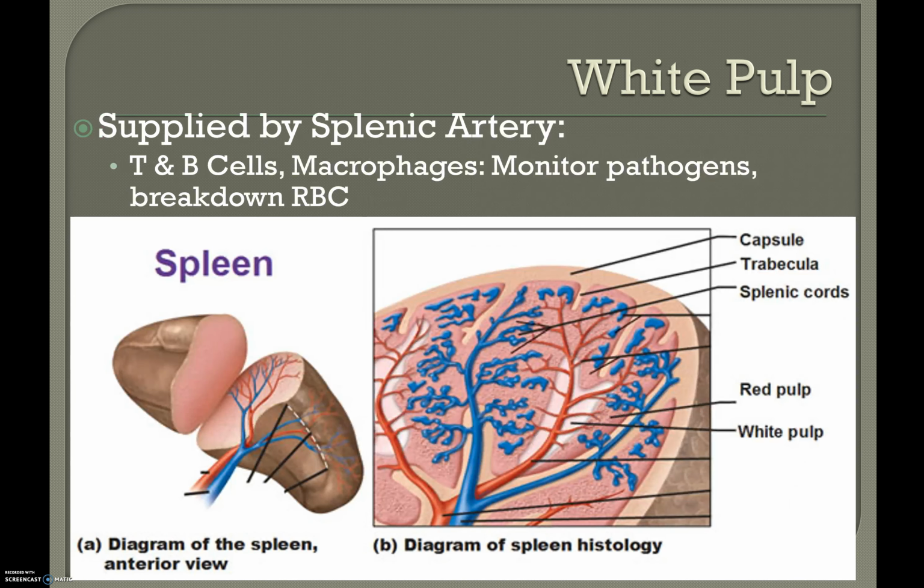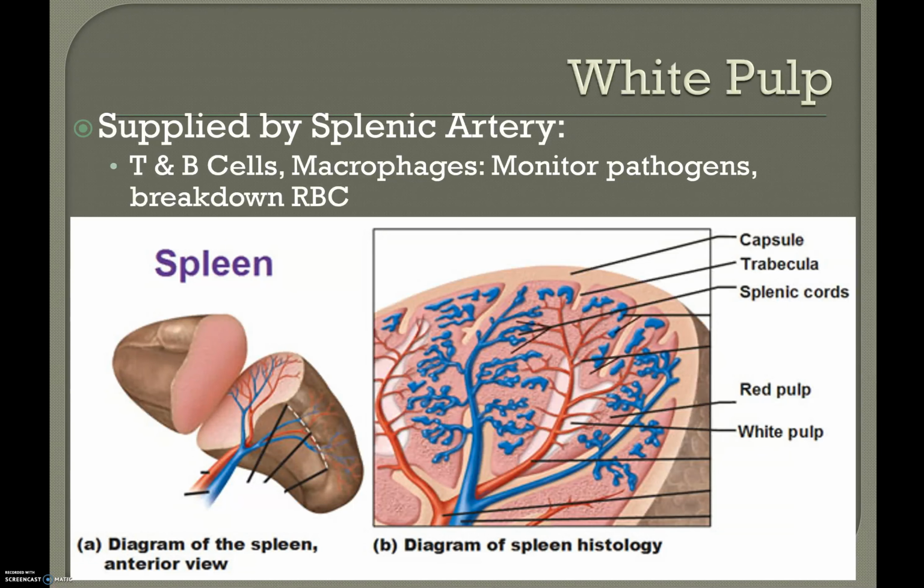And if I zoom into a spleen, you see the splenic artery and vein, and a transverse section of the spleen shows us that it's divided into white pulp and red pulp. The white pulp is whiter in color, and in the white pulp you have T cells, B cells, macrophages.